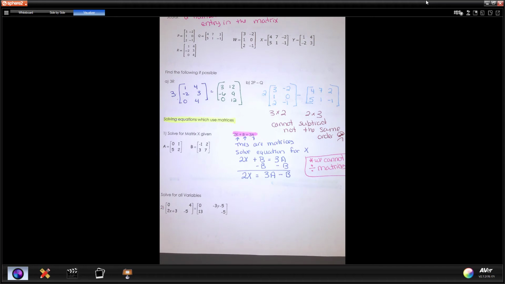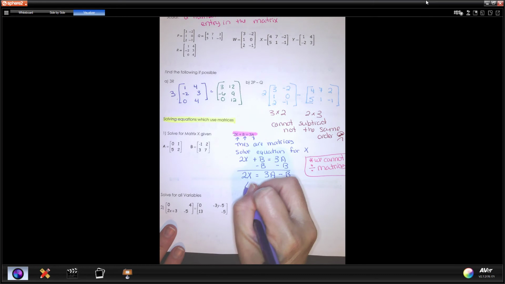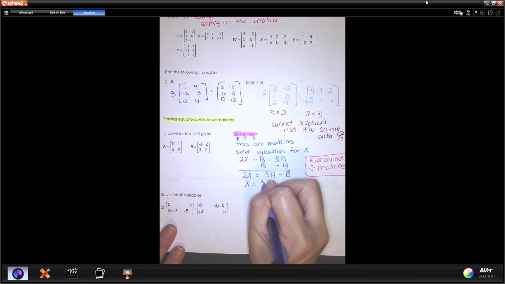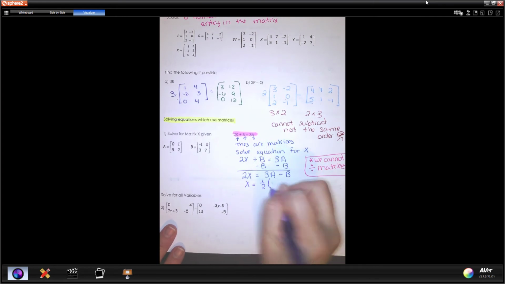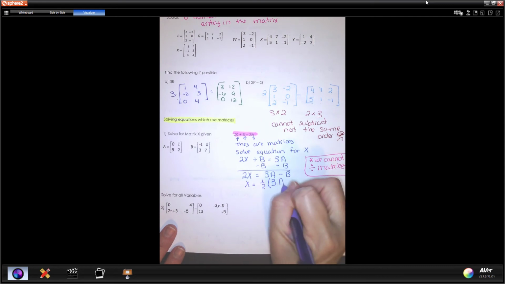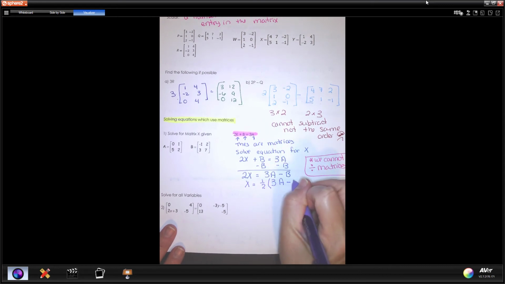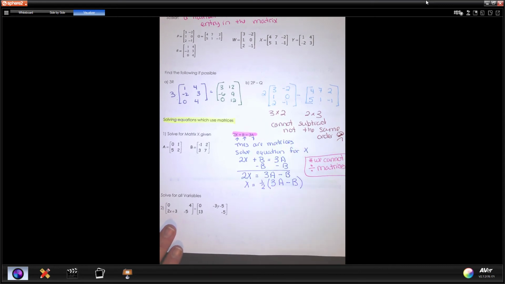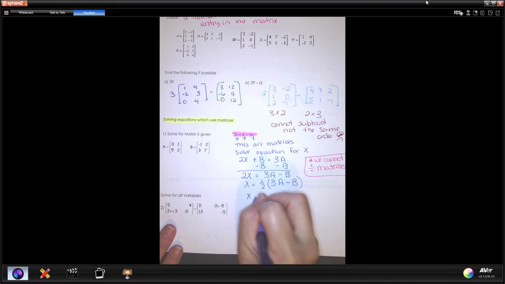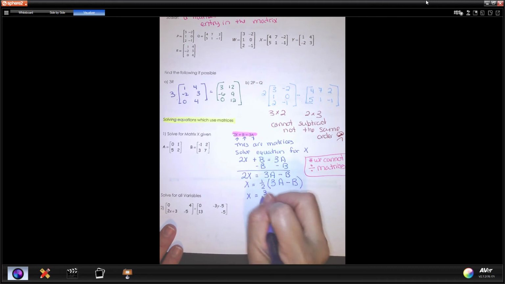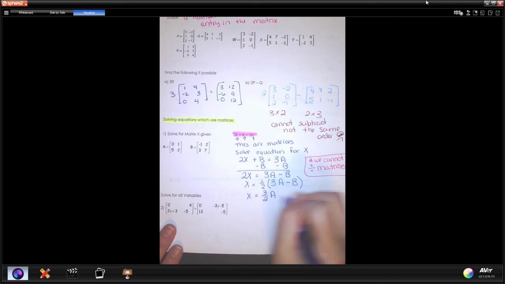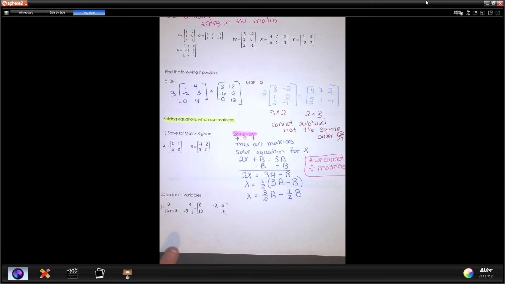So instead of dividing by 2, since all of these are matrices, we know that X is equal to 1/2 times 3 times matrix A minus matrix B. So X is actually equal to 3/2 times matrix A minus 1/2 times matrix B.